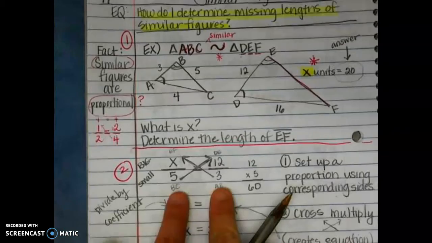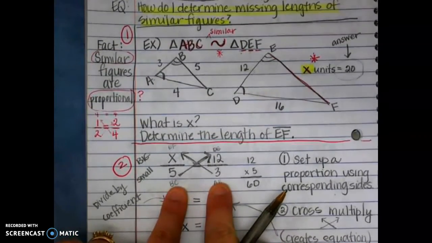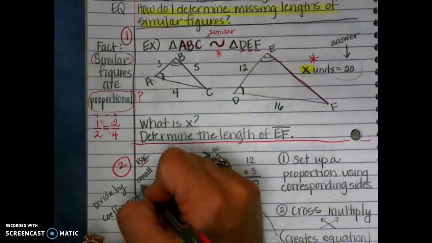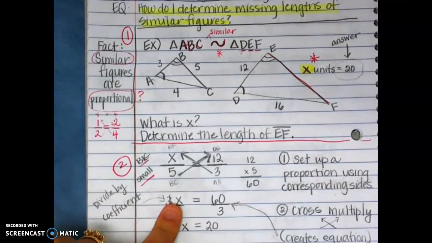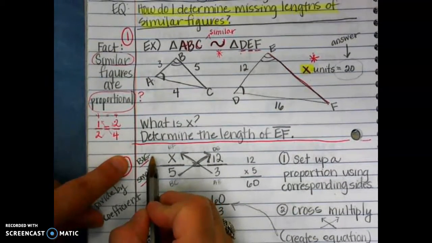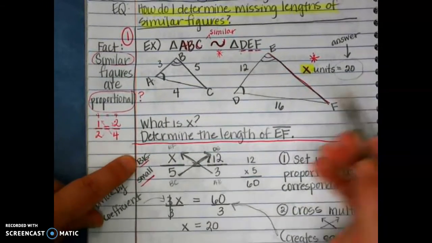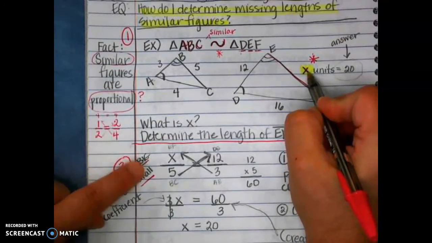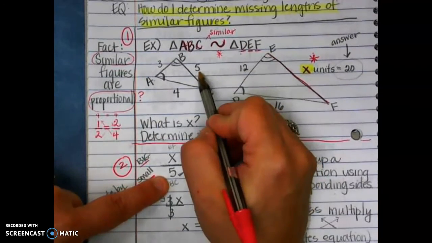And what we're going to do is set up this proportion. Things that you need to remember, I'm going to call this a main idea: we need to put these words on. The numbers here correspond to the big triangle. So for example, the X is on the big triangle, and matching the X on the small triangle is that 5.